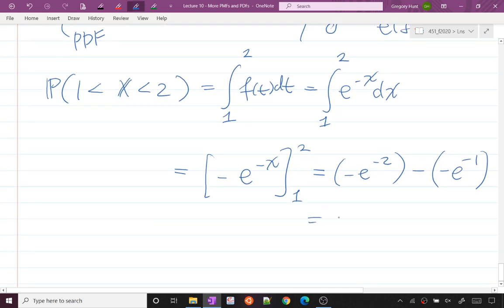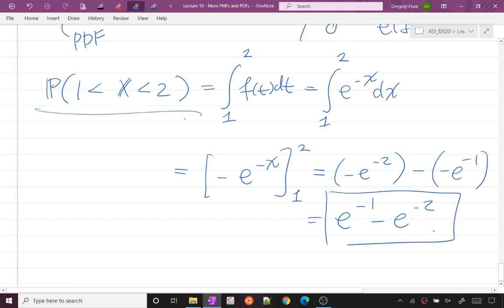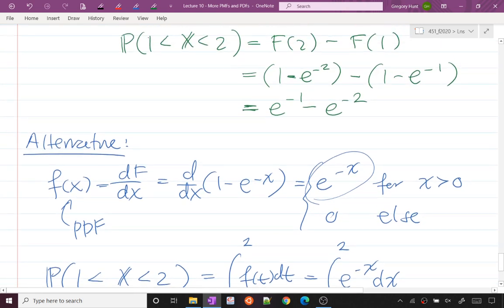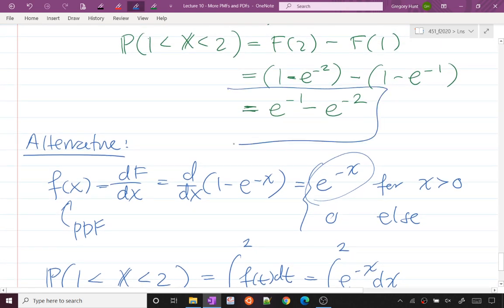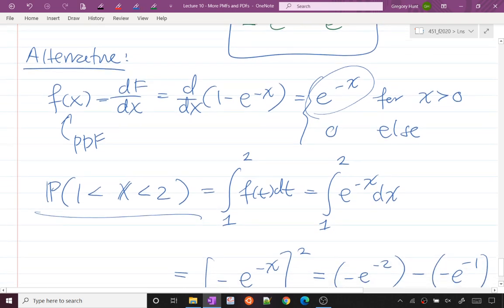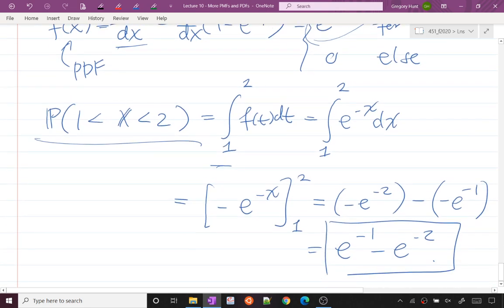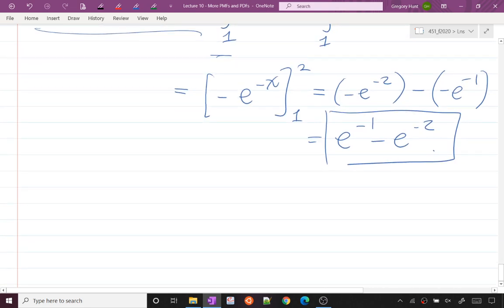And so negative negative, we can rewrite this as e to the minus 1 minus e to the minus 2, which is the probability that x is between 1 and 2. That matches up, e to the minus 1 minus e to the minus 2, with the CDF way. Effectively, we've taken a derivative and then we've reintegrated, right? We took a derivative and then we calculated an integral, and so we kind of undid what we did. You're effectively doing the same kind of thing, but it shows that this works.